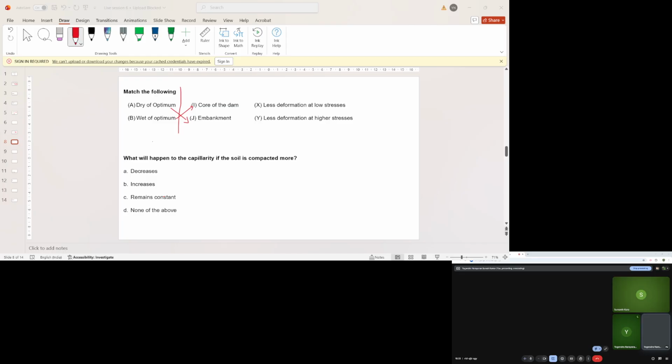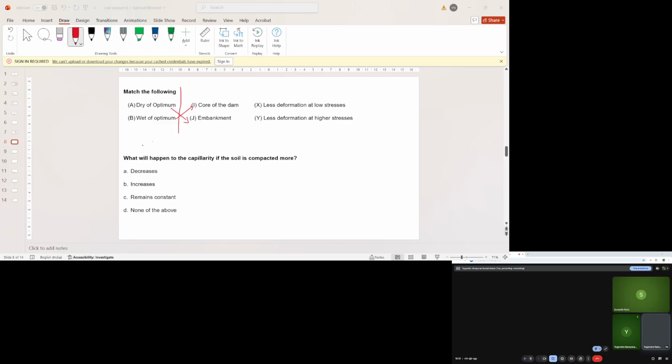Now coming to the next question. What will happen to the capillarity if the soil is compacted more? What will happen to capillary rise? Automatically, sir, if soil is compacted more, voids will get less, sir. So it will increase, yes, sir.